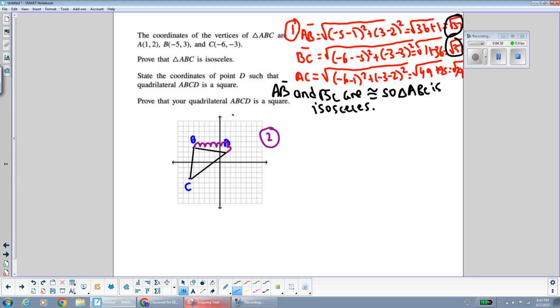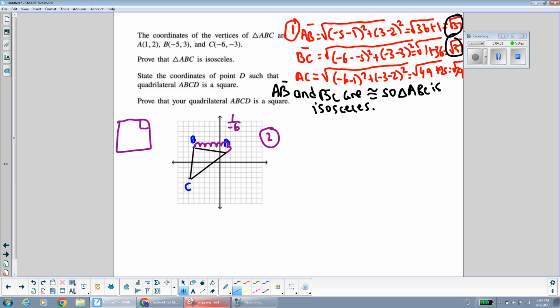So up 1, 6 to the left, that's a slope of -1/6. So I know that in a square, since squares have 90-degree angles, any two sides next to each other form a right angle, so they're perpendicular. And we know that perpendicular lines have opposite reciprocal or negative reciprocal slopes.